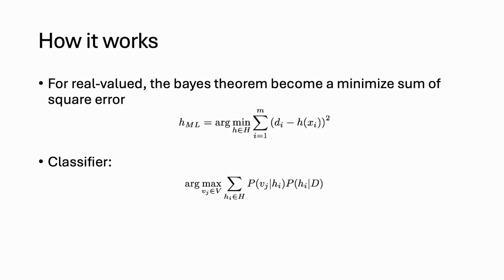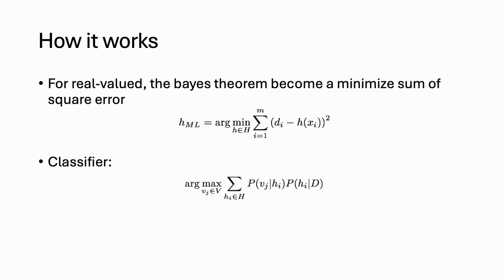For real values, Bayes theorem becomes minimizing the sum of squared errors, where the chosen hypothesis is the one that minimizes the squared difference between D and H of X. And then we have the function for the classifier, which is the sum of P of Vj given Hi multiplied by P of Hi given D. Vj is like the value in the version space.